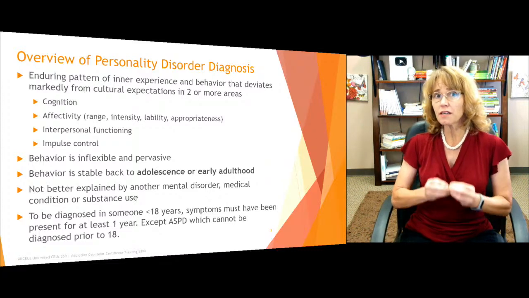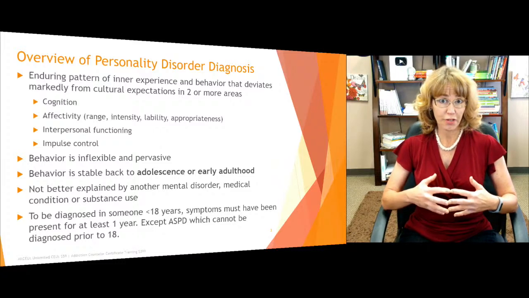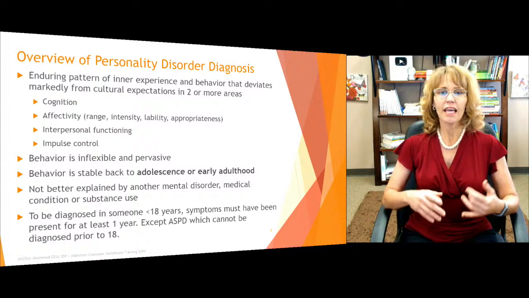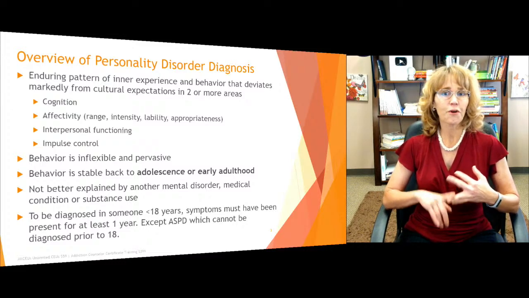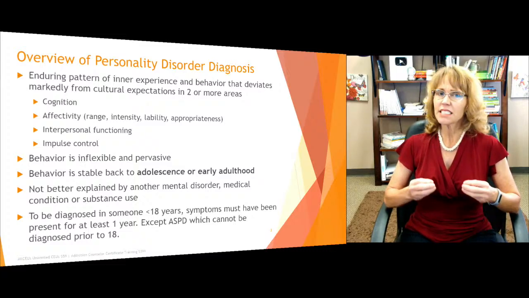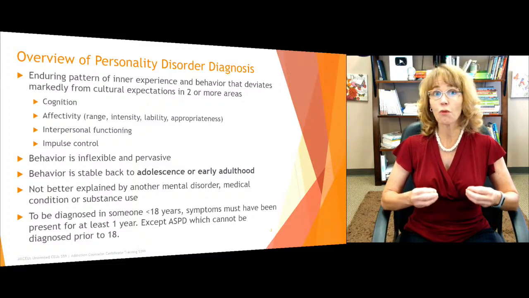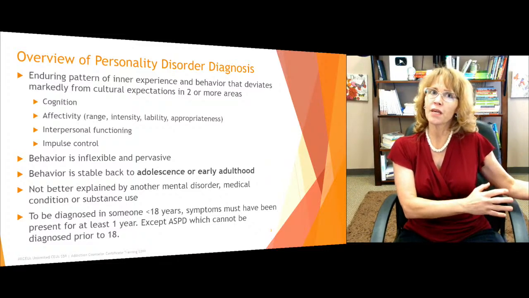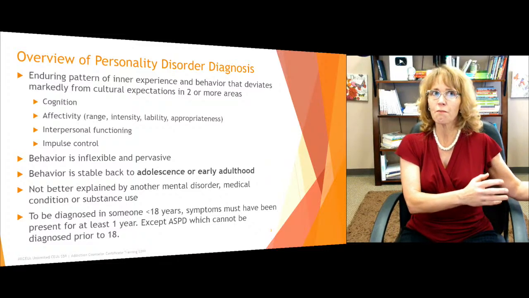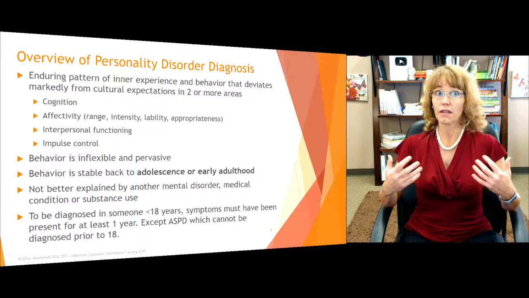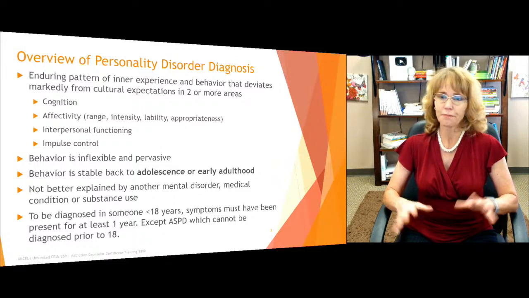But when we look at the history of a lot of the people who display inflexible, pervasive behaviors, many times these are behaviors that were learned in childhood and seem to be methods that they developed as a means of surviving chronic or extensive trauma.